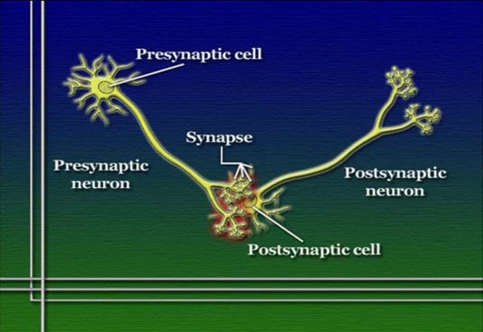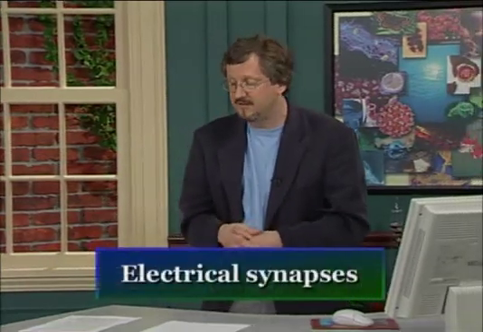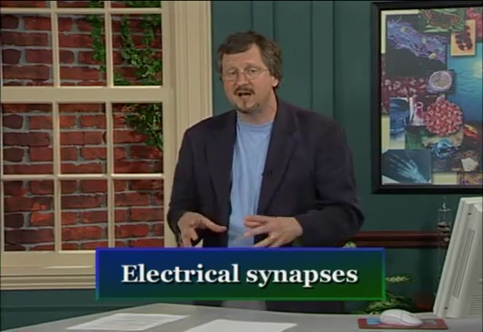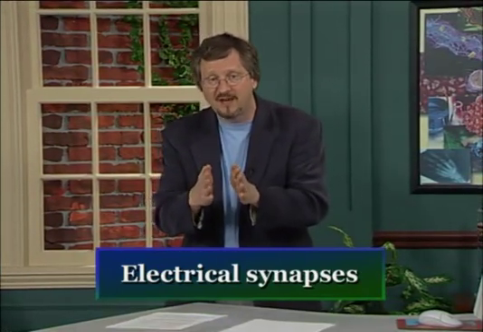Now, given that the action potential is an electric signal, you might guess that a synapse is a specialized structure that allows the depolarization occurring in one cell to just pass directly into an adjacent cell. And indeed, there are some kinds of synapses that work this way. We call these electrical synapses. And in fact, electrical synapses are very, very large non-selective ion channels located on both the presynaptic and postsynaptic sides of a synapse in alignment, so that the two channels line up, forming a continuous channel from one cell to another.